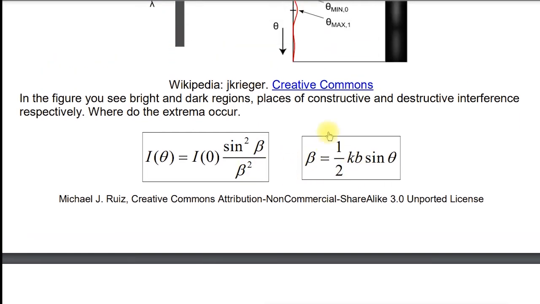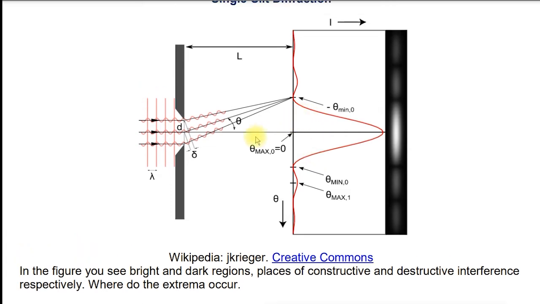And then also know that the distance, like here, x going up like that, is related to the sine of the angle. Now, technically, the tangent of the angle is x over L, but when the angle is small, the tangent and the sine are the same.